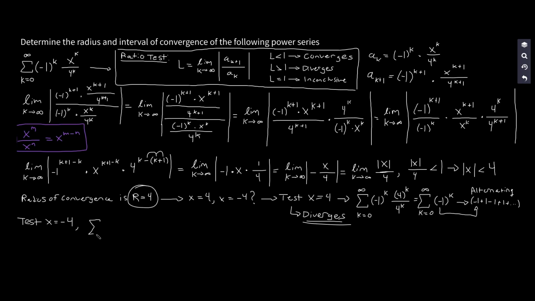So we have the summation from k equals 0 to infinity of negative 1 raised to the power of k times the rational expression, but instead of x, we're going to have a negative 4, because we're testing for x equals negative 4. So negative 4 raised to the power of k over 4 raised to the power of k.